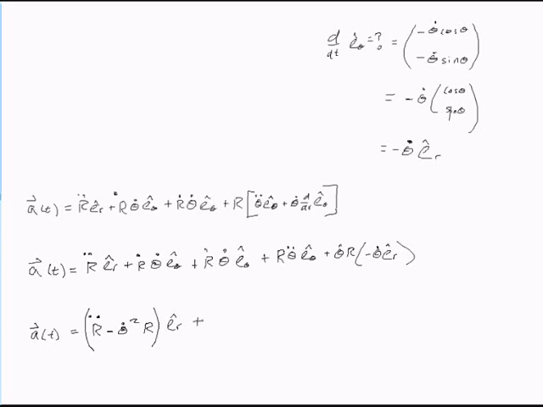Now let's also group all the coefficients of e theta hat, which is just going to be the sum of these two, which is just going to be 2 times r dot theta dot, plus, well, this is also multiplied by e theta, so that's just going to be plus r theta double dot right here. And that's going to be multiplied by our unit vector, e theta hat.